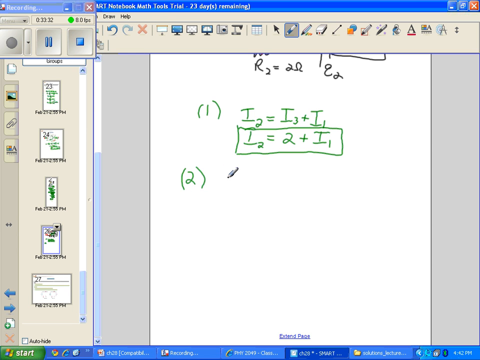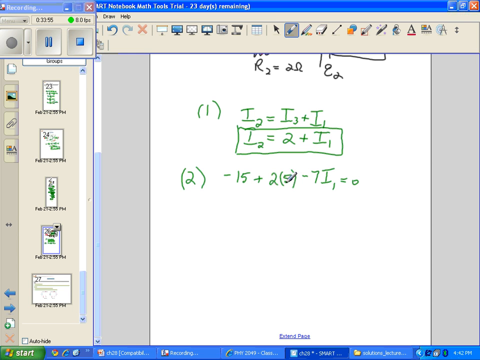At the top loop, we have minus 15 plus I3 times R3, but our I3 is 2 amps, R3 is 5 ohms, and I'm leaving the units out, minus 7I1 equals 0.